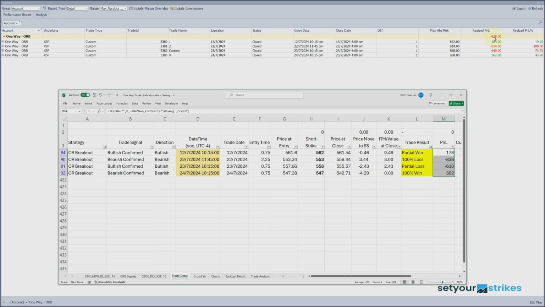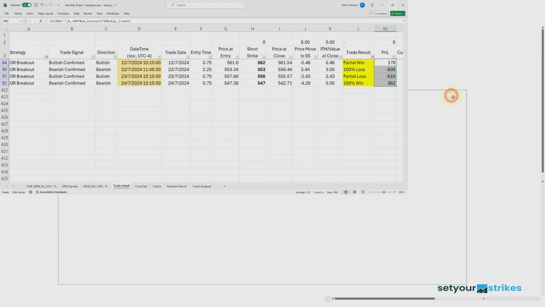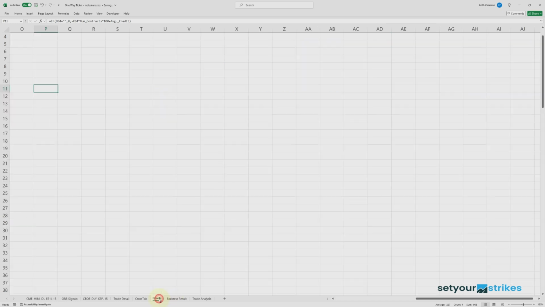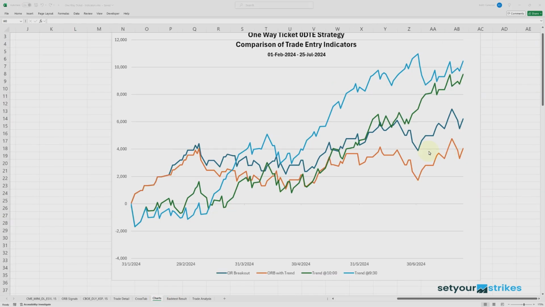So maybe that's the method. Does that change our result now? Does that change our chart? Not a huge difference. It looks a little more realistic in that it's not such a steep curve.